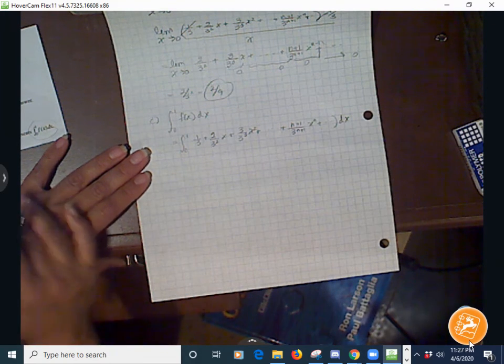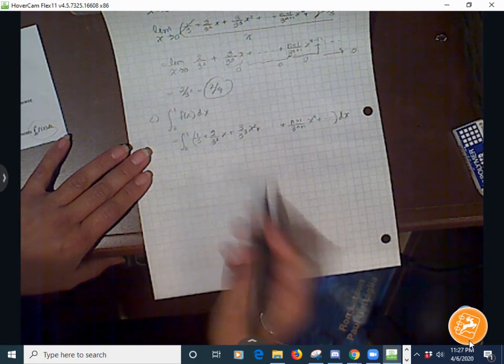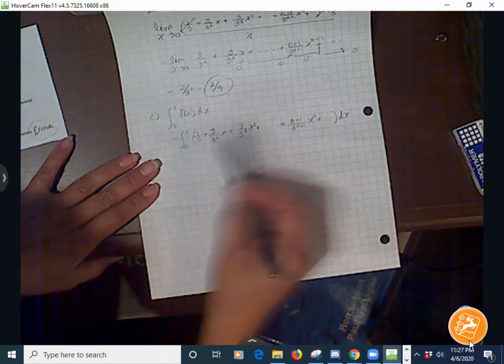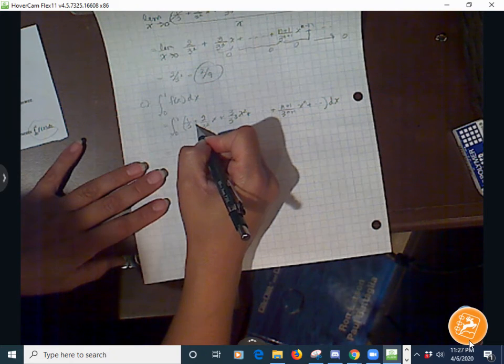Okay, and so then what's the first thing we do when we want to evaluate our integral? We have to do the antiderivative. So what's the antiderivative?